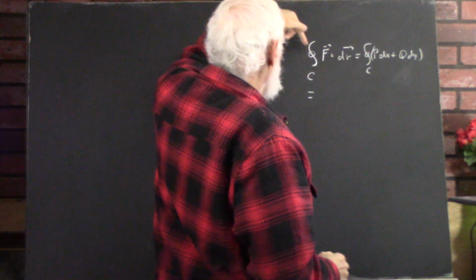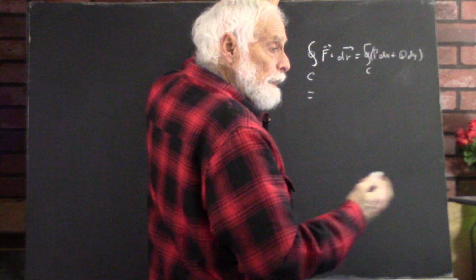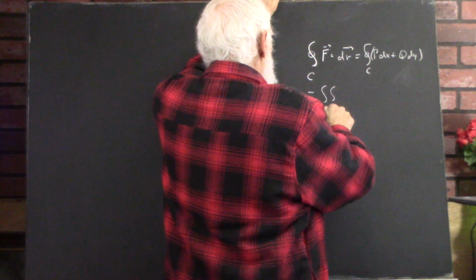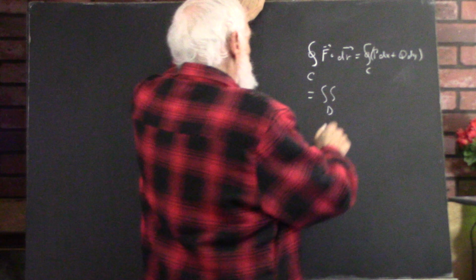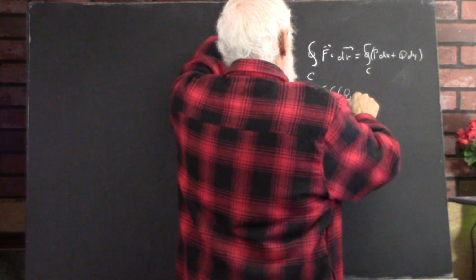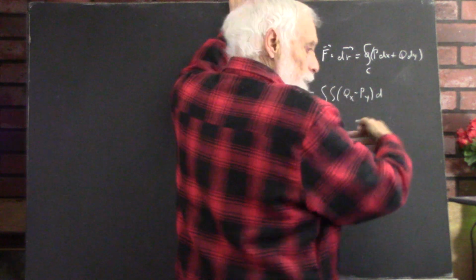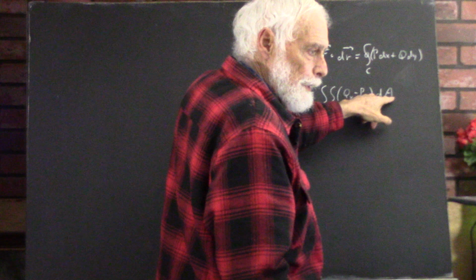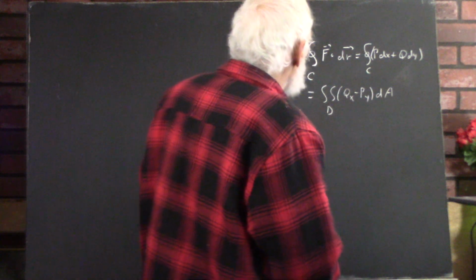Okay, there's nothing mysterious about why this equals this, although I'll write it out in a minute. This equals the double integral over the region bounded by the curve of Qx minus Py dA, where A is your area. It could be dy dx or dx dy. Okay, let's flesh it out.